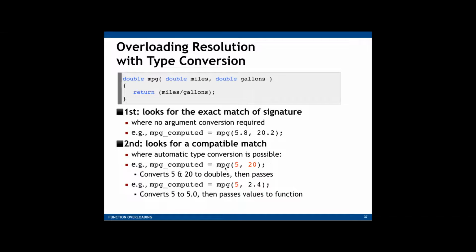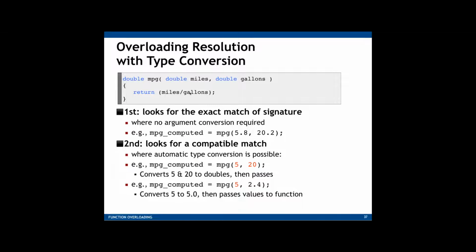So for this function call, the compiler automatically converts 5 and 20 to double type and executes this MPG function with two converted double arguments, because there is no exact match of signatures. Similarly for this case, because there is no MPG function with one int type and one double type parameter, the compiler automatically converts the first int parameter to double type and then calls this MPG function.